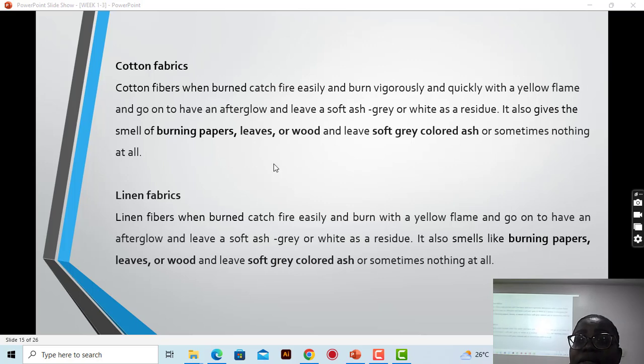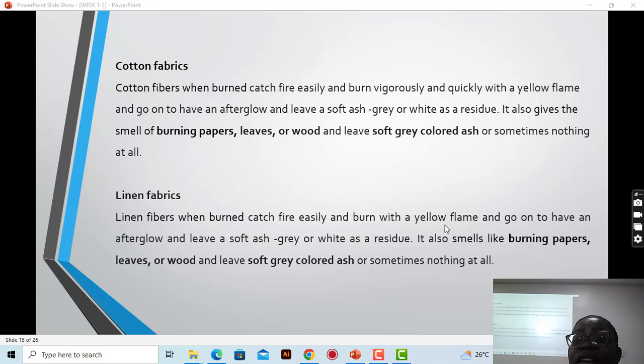Now linen fabrics. The linen fabrics also are made from a natural source. So the natural fibers, when you burn them, the linen fibers, sorry, they catch fire easily because it is from a natural base, just like cotton behaves.